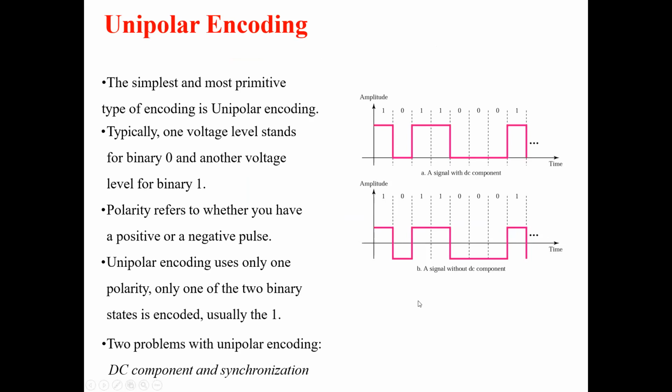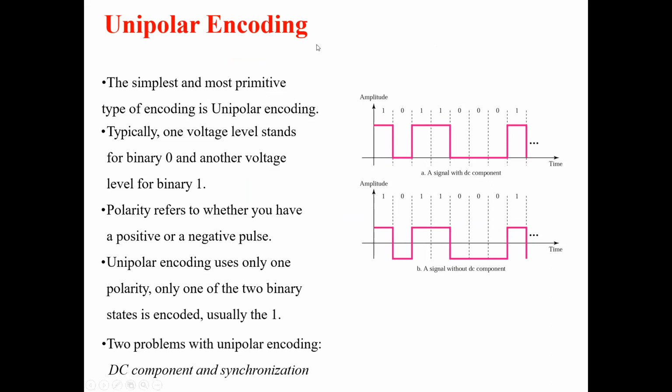So what is unipolar encoding? We can see a signal with the DC component and a signal without the DC component. The simplest and the most primitive type of encoding is unipolar encoding.